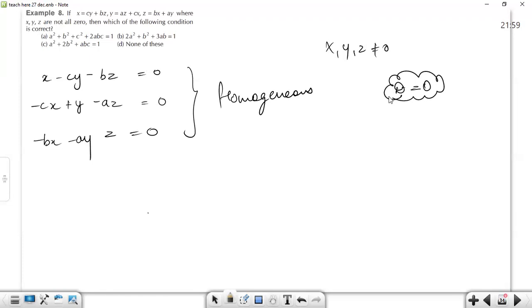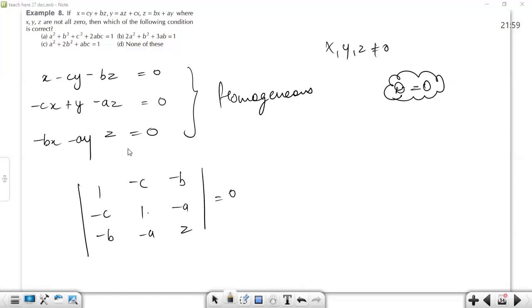So let's write the coefficients: 1, minus c, minus b; minus c, 1, minus a; minus b, minus a, and z equals to 0.